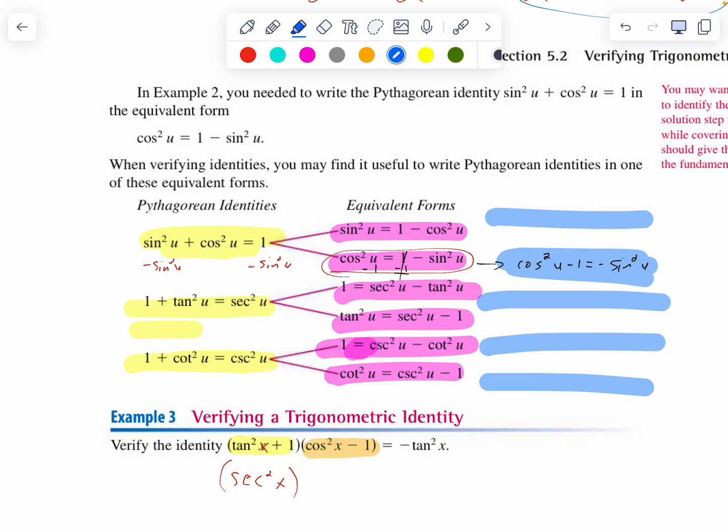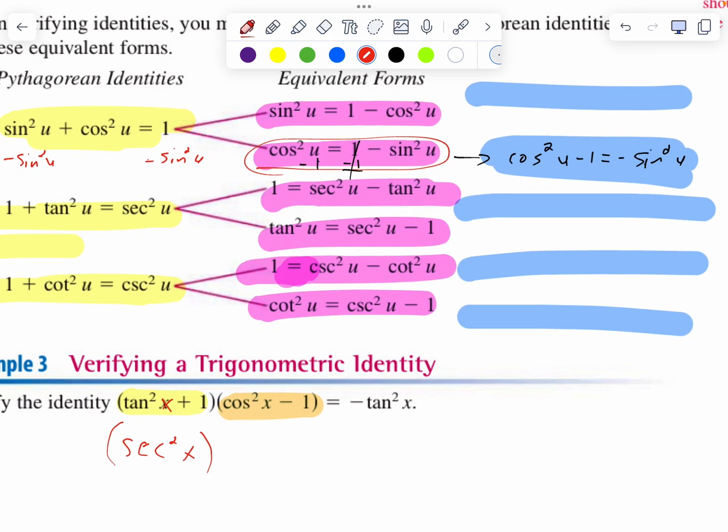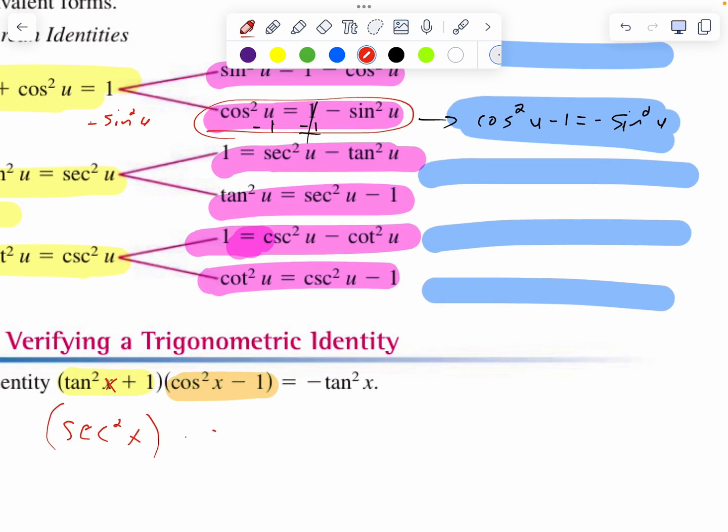And there would be a different version of all the pinks. So when I say you need to be familiar, that looks familiar, it's because it might be a yellow Pythagorean identity. It might be an equivalent form in pink. It might be an equivalent form in blue. So the orange expression is going to become negative sine squared x.